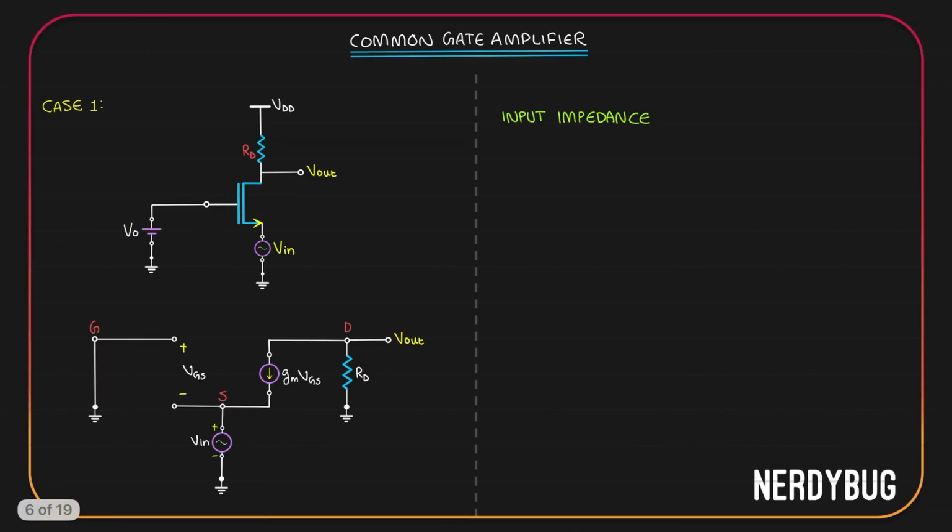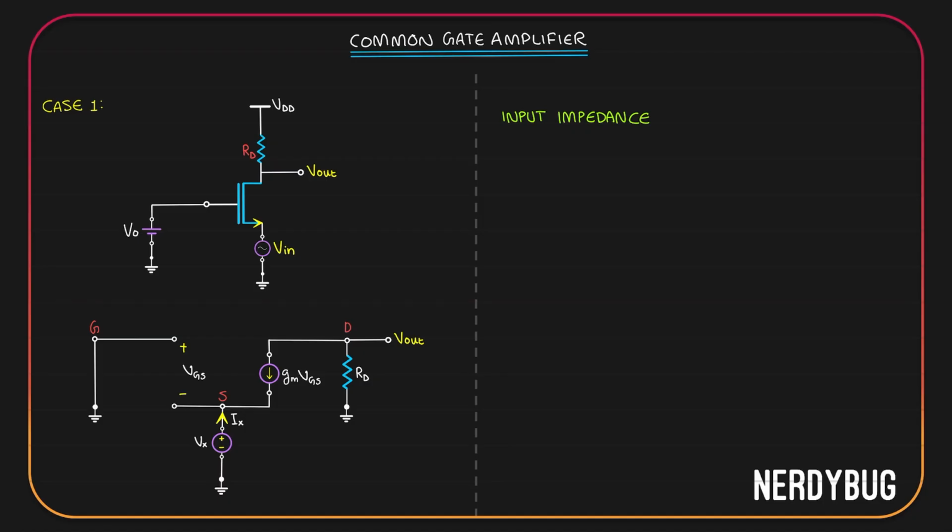Let's move on and find the input impedance. The first thing we have to do is shut down all the independent sources, which is V input over here. If we shut it down, source will be directly grounded. Now, to find the input impedance, we have to add a potential Vx at the input, which is at the source, and find its relation with Ix, the current flowing like this.